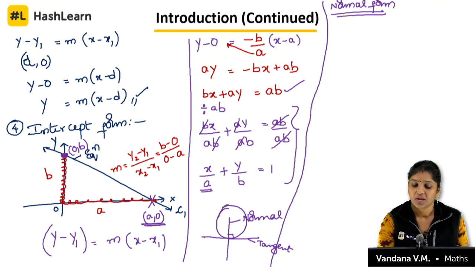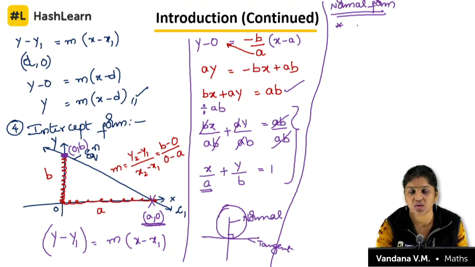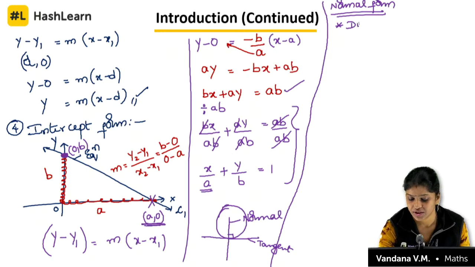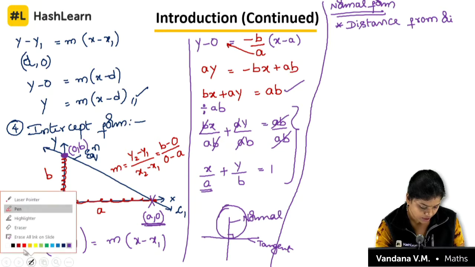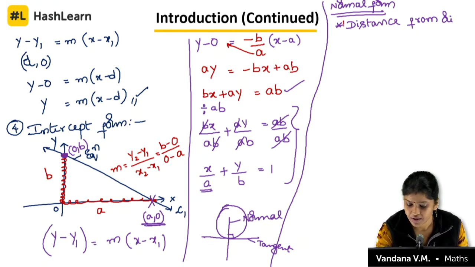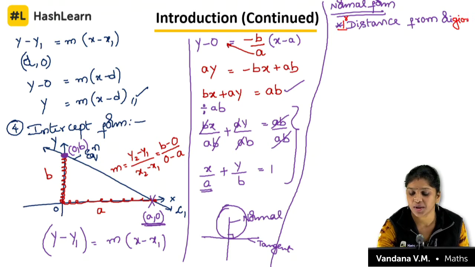Okay. Normal form. What they will give in this format is, the first thing, the distance from the origin to the line, the perpendicular distance from the origin to the line.